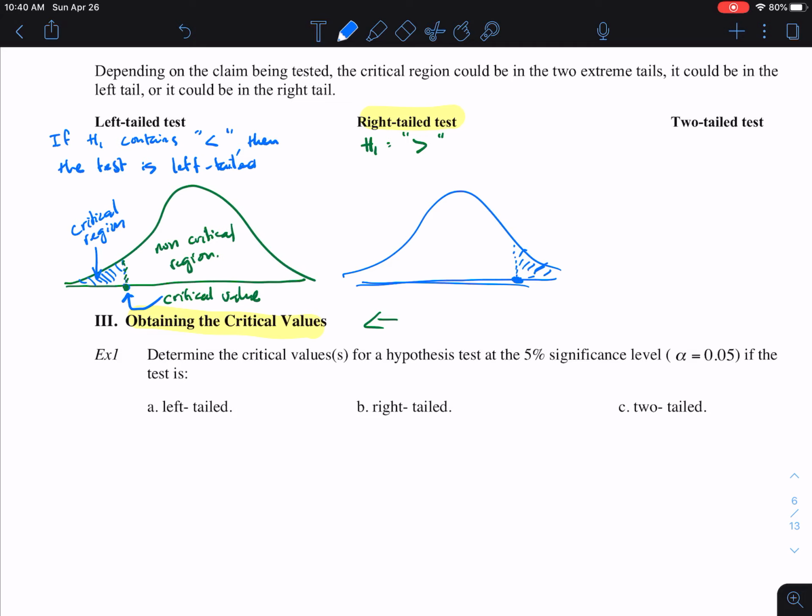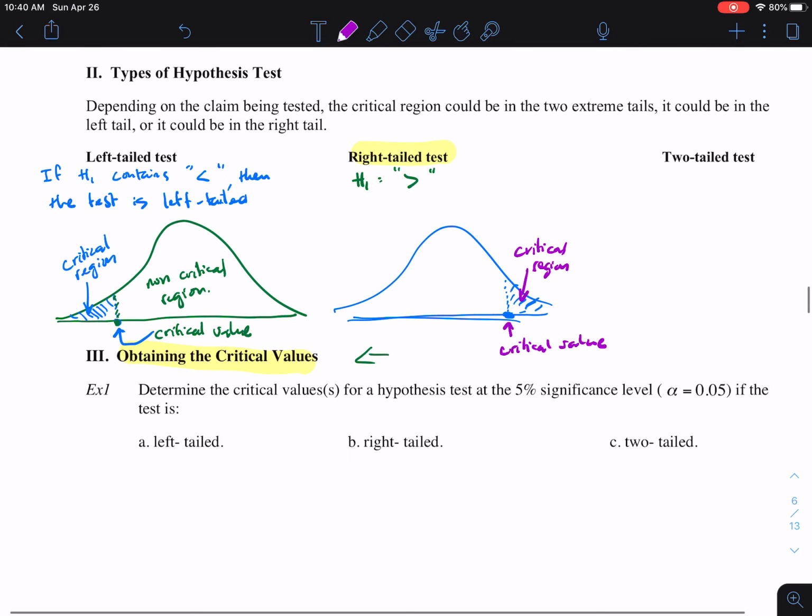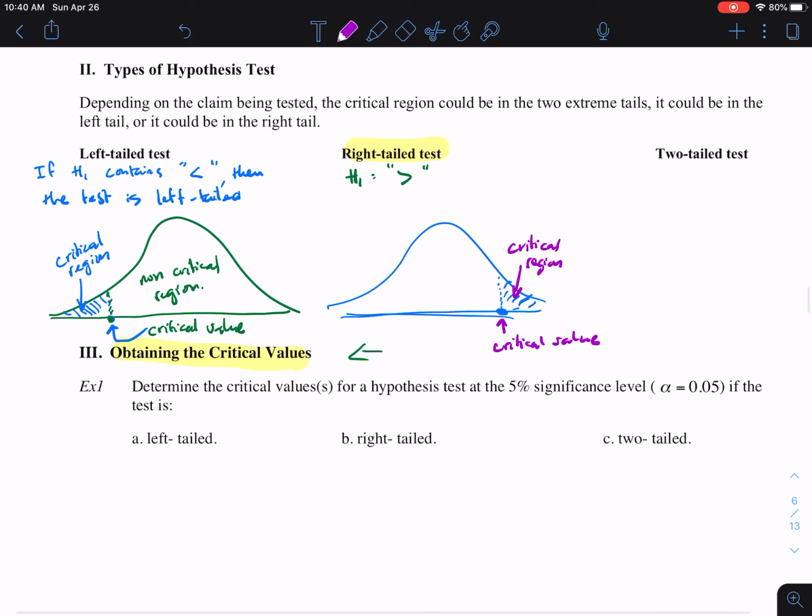So this is the critical region, and this is the critical value. The critical values could be a z critical value or a t critical value. We learned that in chapter 7.